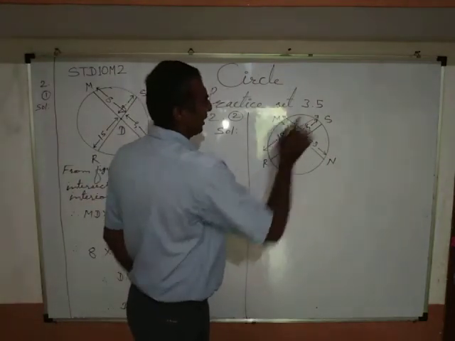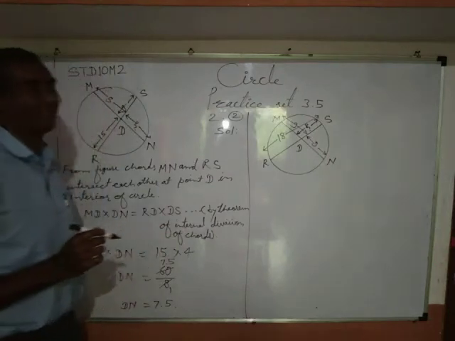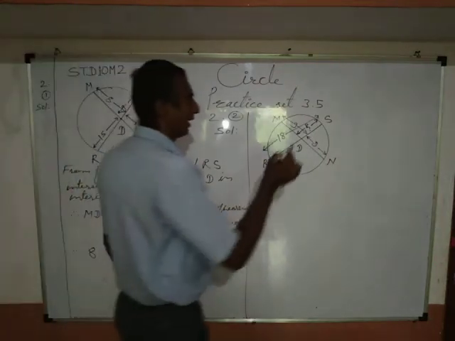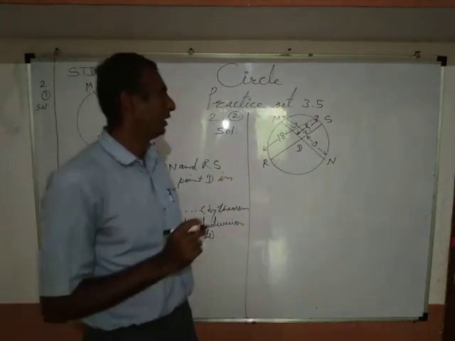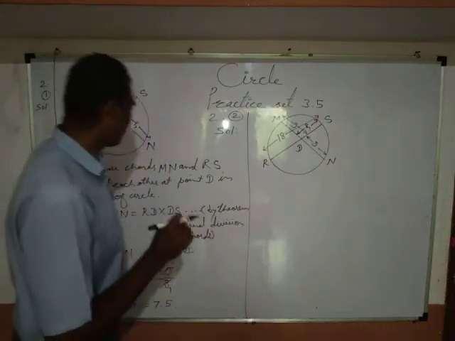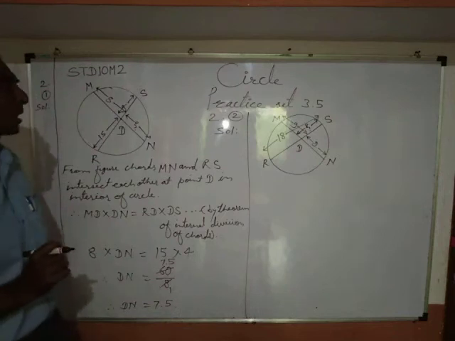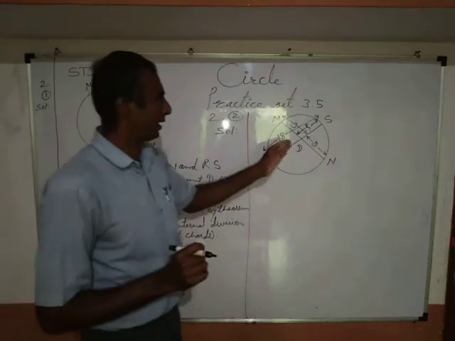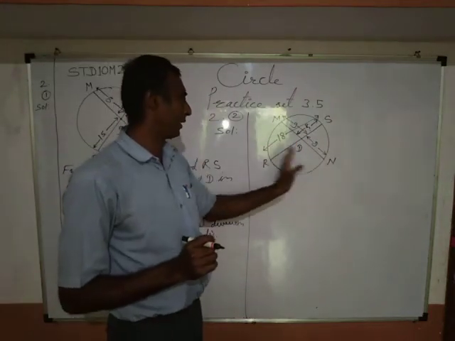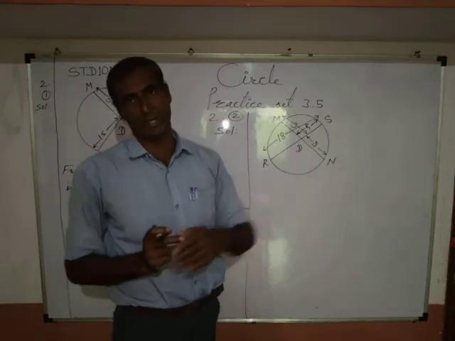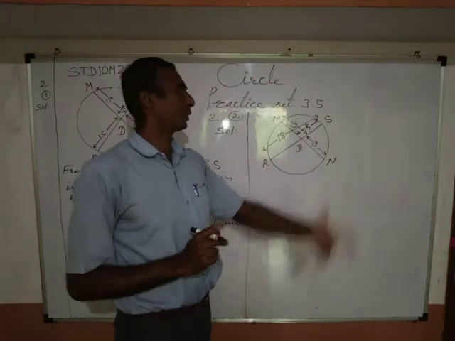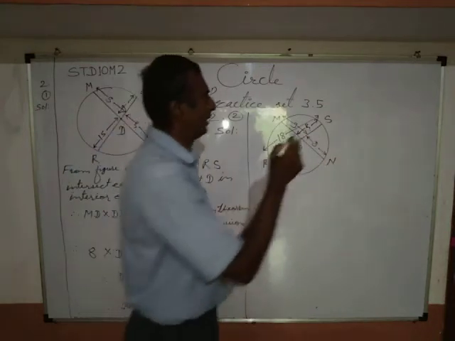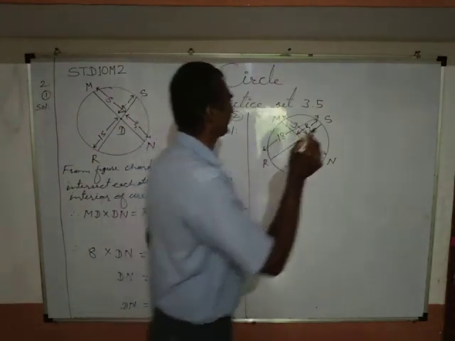Okay, again you may note chord MN and chord RS intersect each other at point D in the interior of a circle, and therefore by the theorem of internal division of chords, MD into DN equals RD into DS. Okay, we are interested to find the length of DS. Let's give the solution.